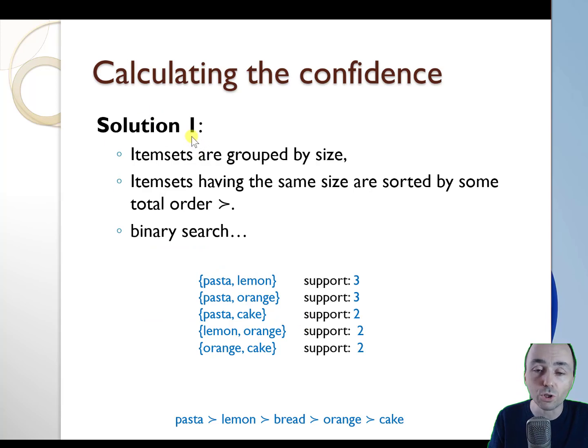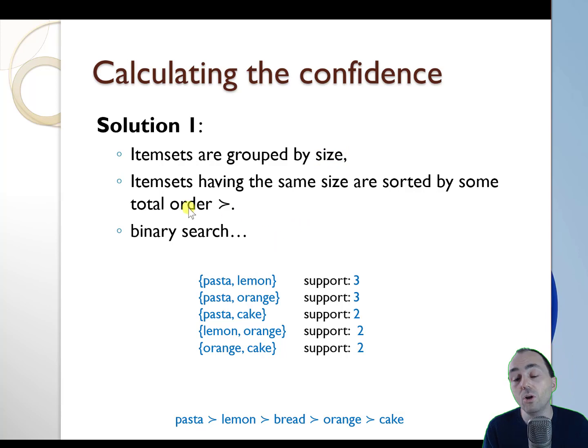First, one solution will be to group the item sets by size. So all the item sets that have 2 items, you put them together in a data structure, for example. All the item sets with 3 items, you could put them together. So then, when you want to find the support of an item set, you could search by the size.